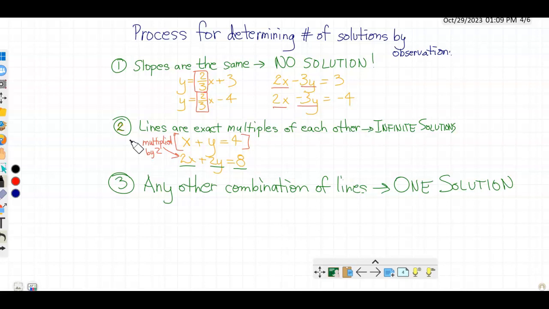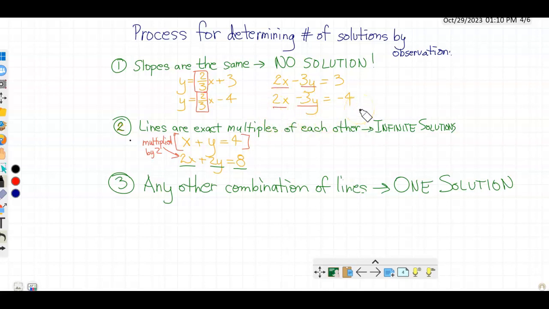All right? So here we have the slopes are the same. All right, so look for your slope. This is how you would look for a slope in standard form. This would be your rise, and this would be your run. y over x, right? Because you would kick this term over.